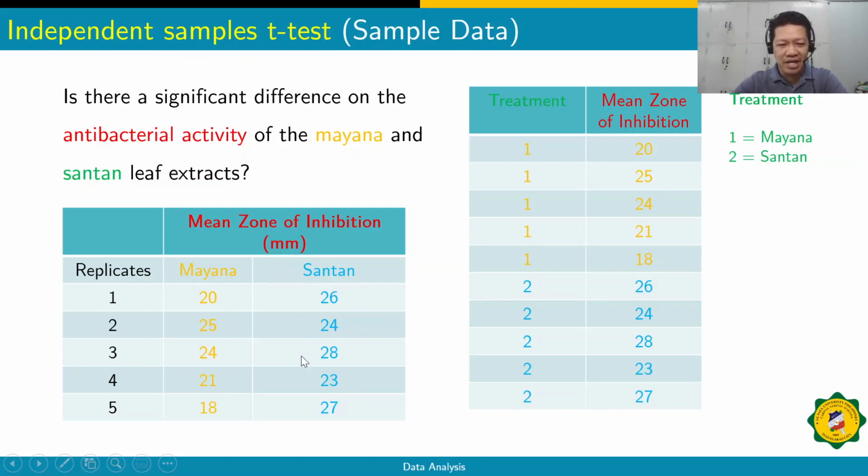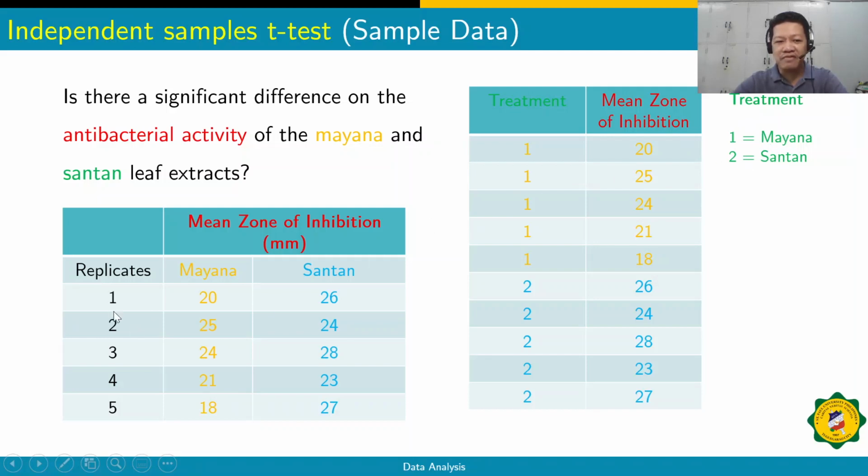They are numerical data. So you can organize your data like this, but if you want to treat this using SPSS, you may convert it to a table like this, in your Microsoft Excel or immediately in your SPSS. So you need to do coding for the treatment group. You may use 1 for mayana and 2 for santan.